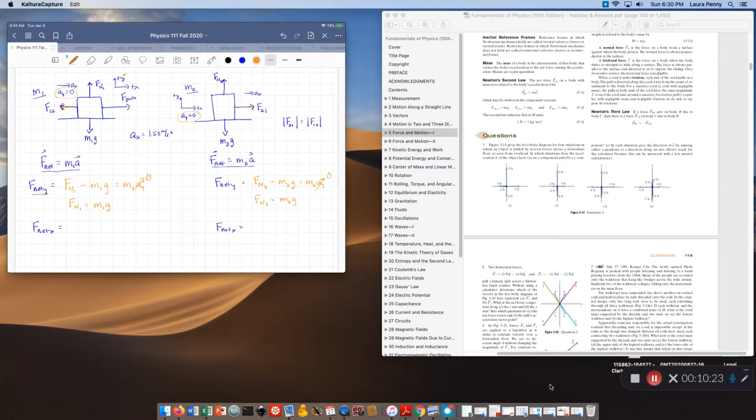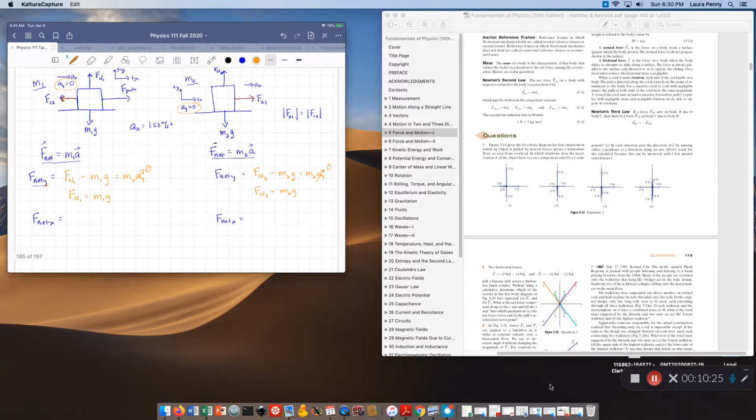Okay, so then when I do the x parts here, if I look at this diagram, F push is in the positive x direction. So I'm going to say F push minus F12. Those are the forces in the x dimension.